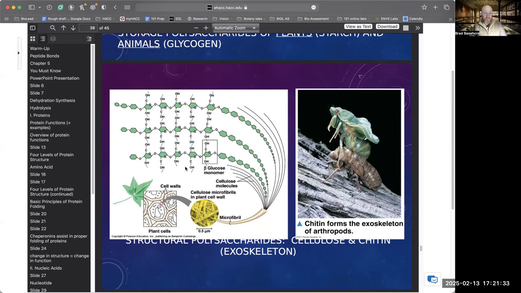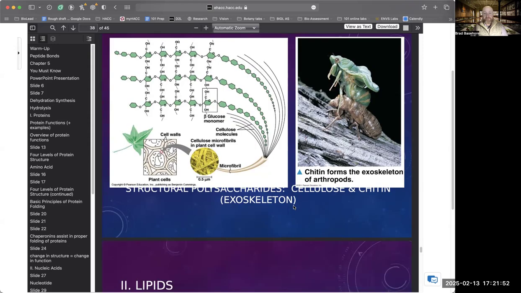And the plant cells are going to weave these threads into this mat. And that cellulose mat is what gives plants their strength and rigidity. Chitin, again, is a slightly different carbohydrate that is used for insect exoskeletons.